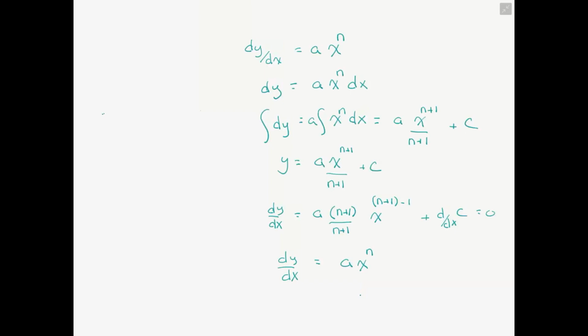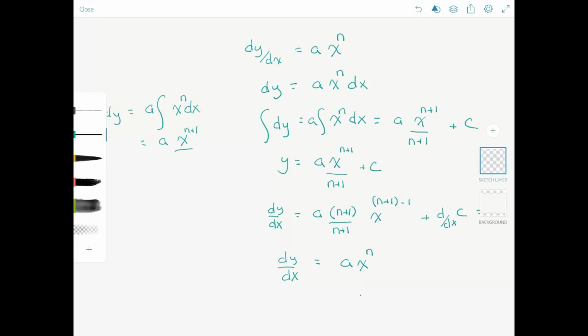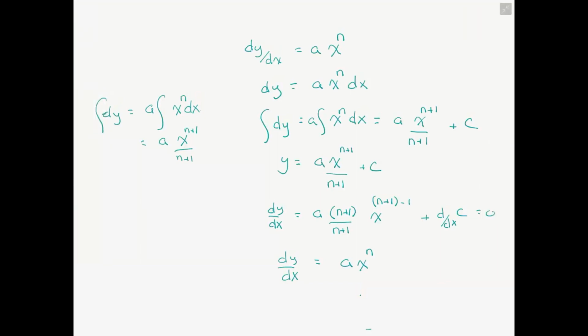So now we have a rule. And our rule is that if we have dy equals a x to the n dx, that's equal to a x to the n plus 1 over, made a mistake there, sorry, n plus 1.